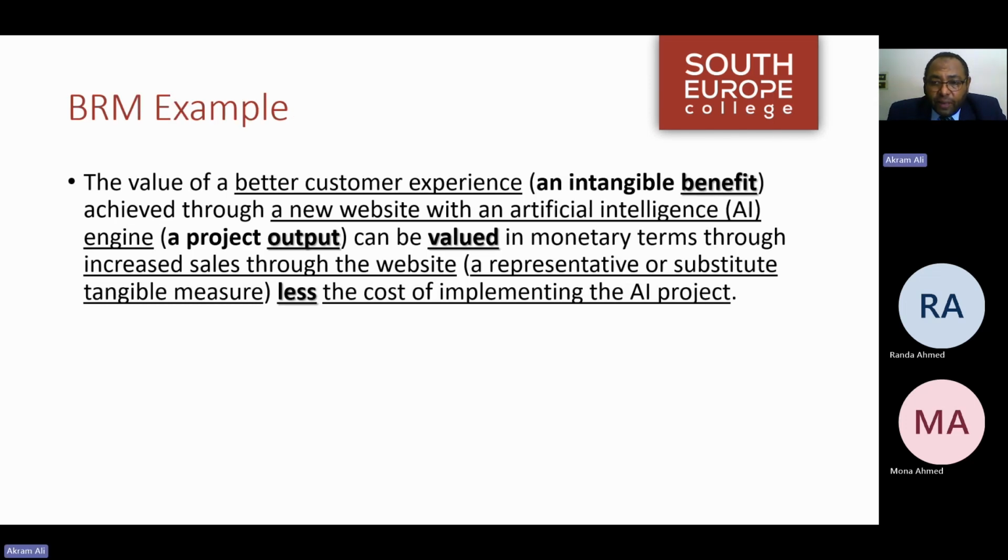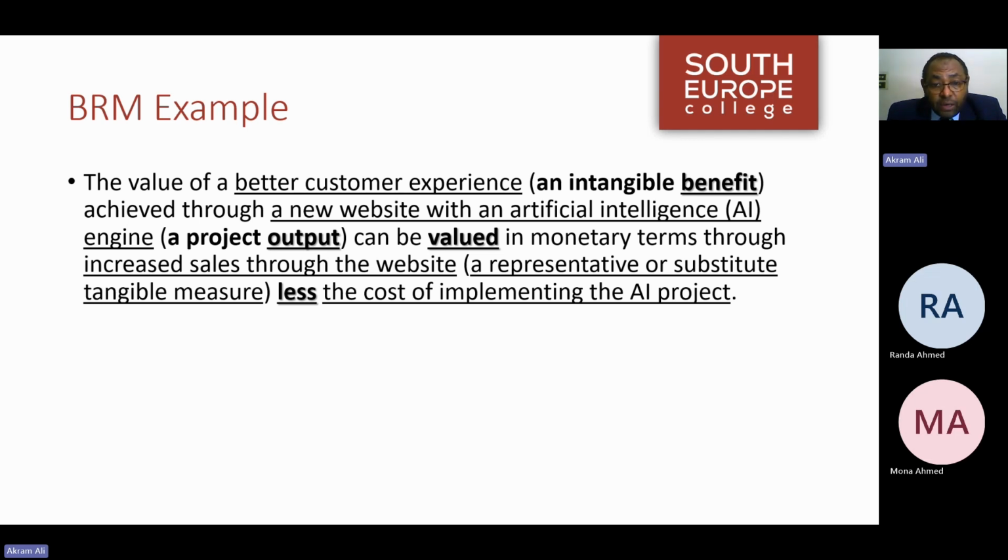So we have an example of benefits realization management. And in this example, it is argued that the value of a better customer experience, which is an intangible benefit, is achieved through a new website with an artificial intelligence engine, which is a project output.